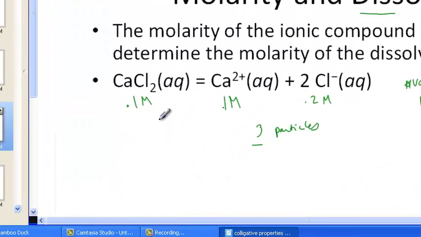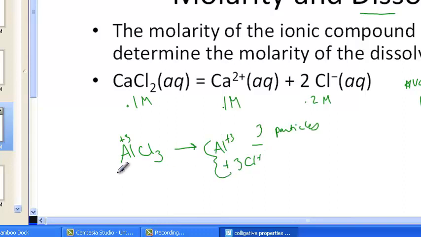Oh, just to kind of show, what if we had aluminum chloride, AlCl3, dropping that into a solution of water to create an aqueous ion of aluminum, and we'd have 3 aqueous ions of chloride. The total number of particles when this salt dissociates, I see 4.